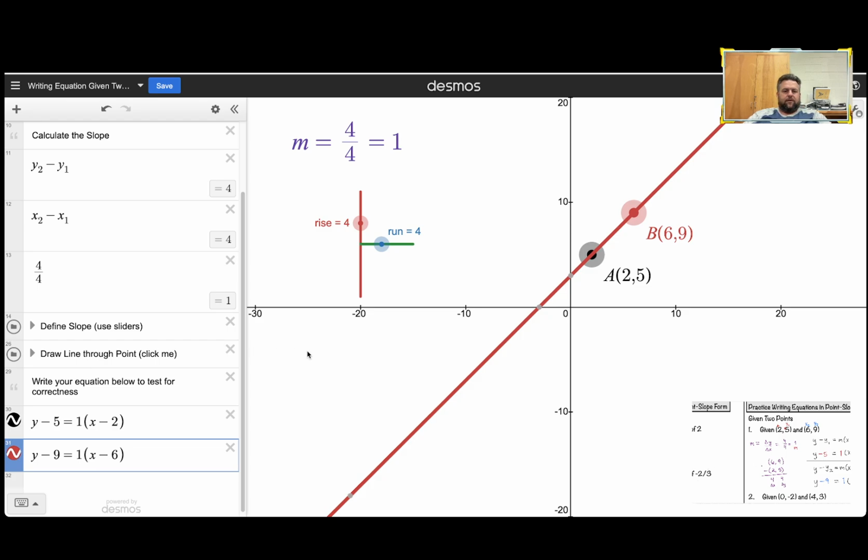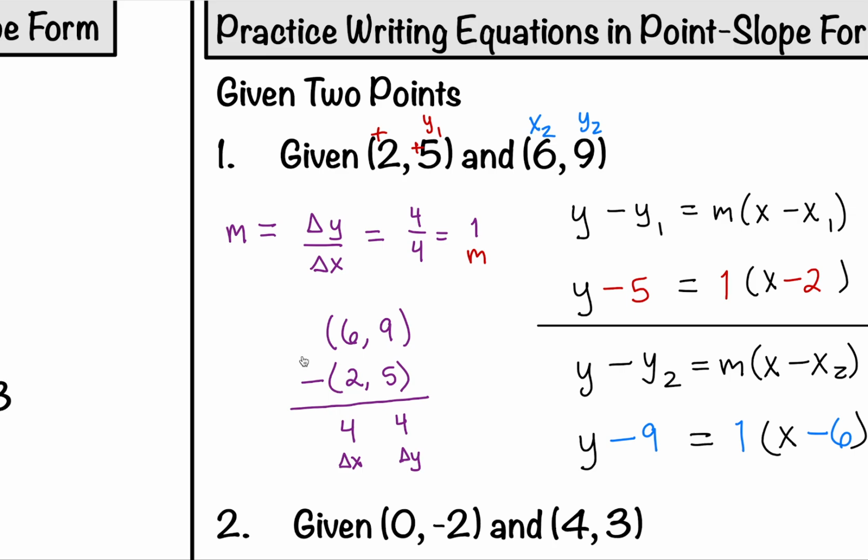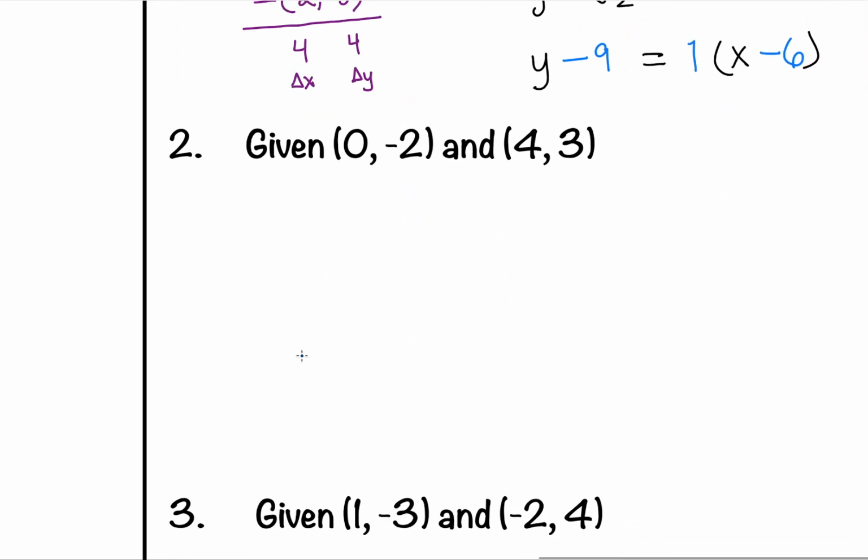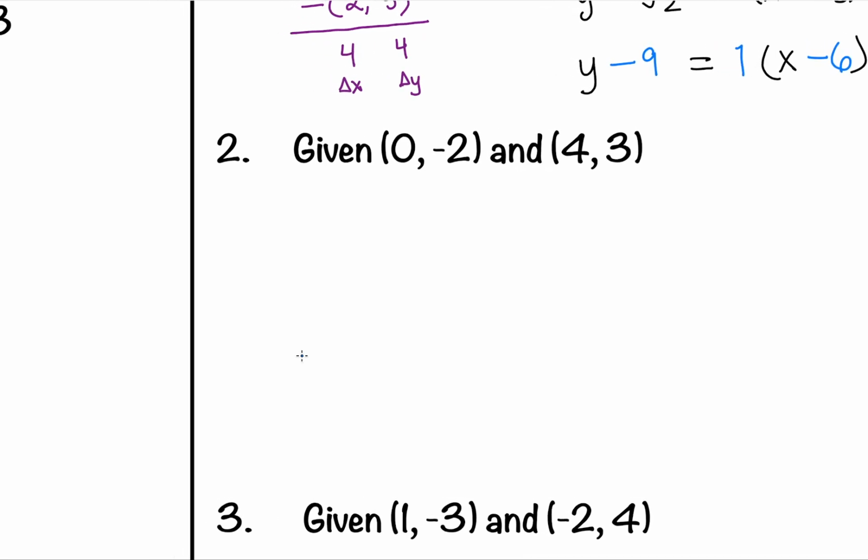So let's do one more example. Let's use the points 0, -2, and 4, 3. Again, let's label our parts: x1, y1, x2, y2. Let's calculate the slope.